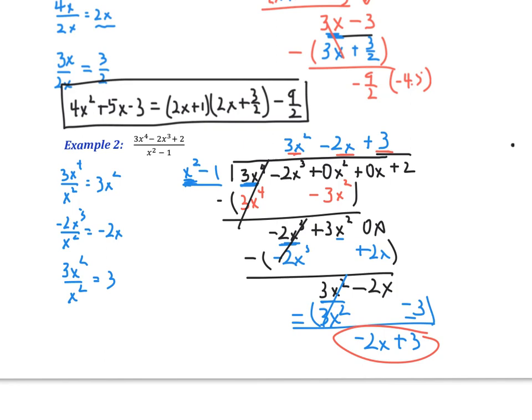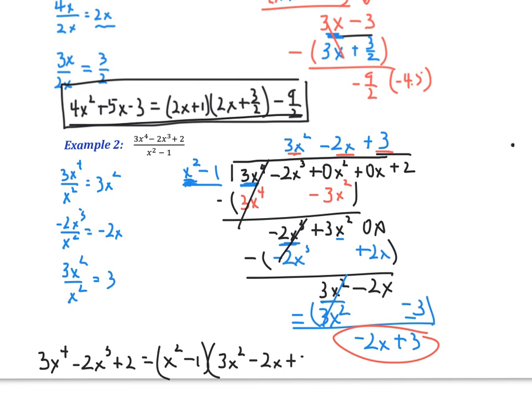So I can write it like I did up here with my quotient and everything: 3x to the 4th minus 2x cubed plus 2 is equal to an x squared minus 1 times a 3x squared minus 2x plus 3, and then plus my remainder of negative 2x plus 3.